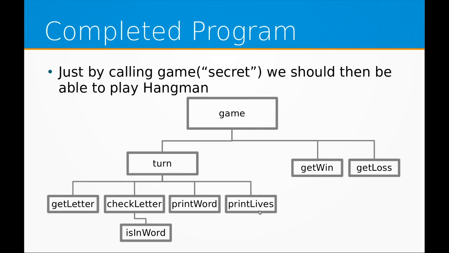But once you've got each of these 5 functions working, get it working on a turn, and you should be able to do a single turn of the game. Once you've got a single turn working, then you should be able to string it together and do multiple turns. So it's all about building it up bit by bit in order to create a complete project.